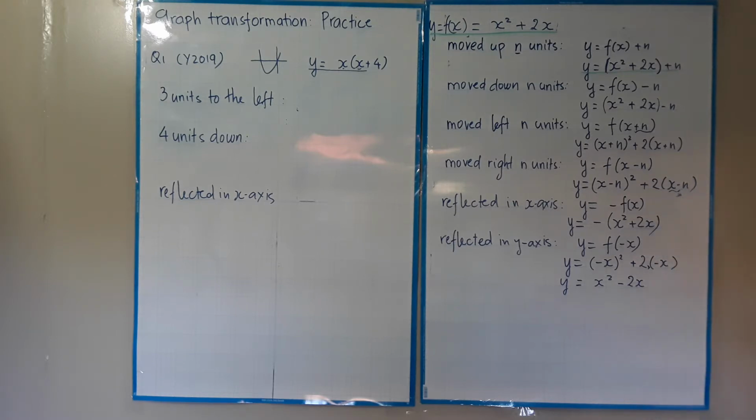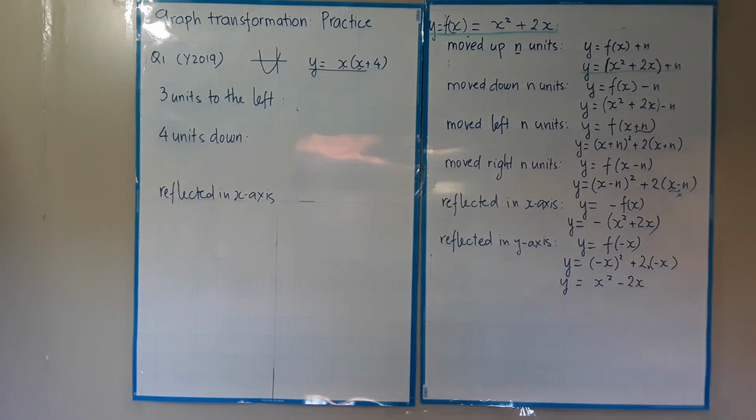Reflected in the y-axis, you substitute x with minus x. Whenever you see x, you put minus x. Then you would have y equals (minus x) all squared, plus 2 times minus x. Then you have x squared take away 2x.